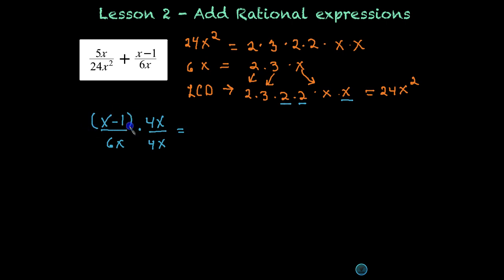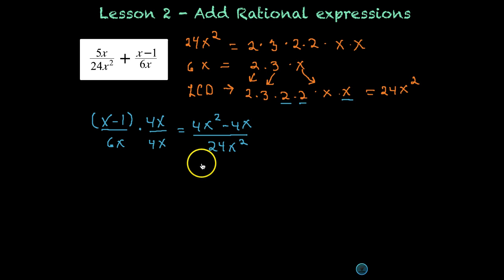Remember to use parentheses for your numerator. 4x times x is 4x squared, and 4x times negative 1 is negative 4x. Then for our denominator, we have 6x times 4x, which is 24x squared. Now we're ready to add our fractions together. So we have our initial fraction of 5x over 24x squared, which we can add to this.